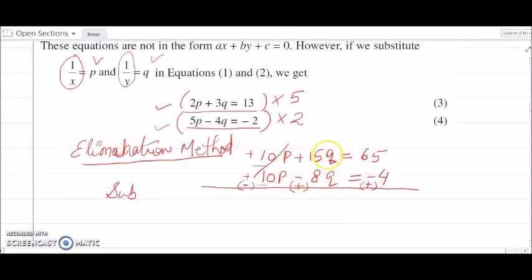This 10p will be cancelled out. 15 plus 8, 23. 23q is equal to 69. 65 plus 4, that was 69.